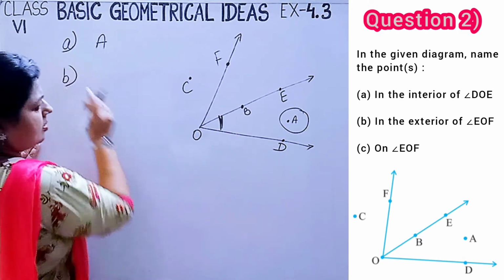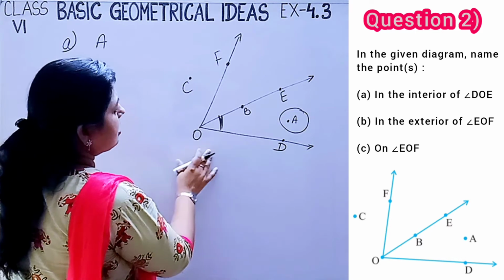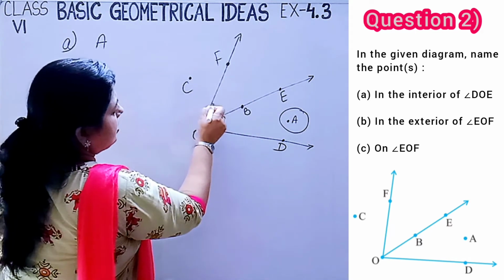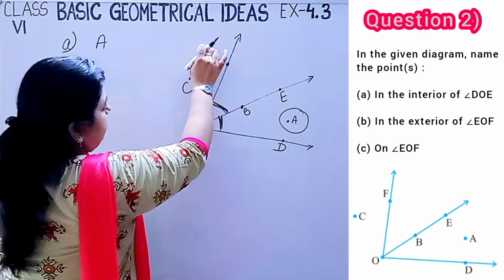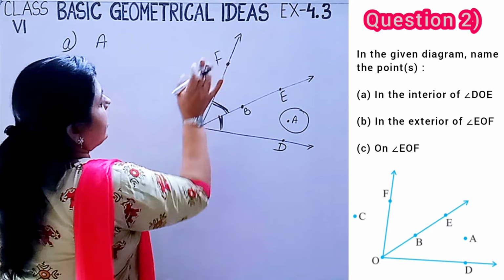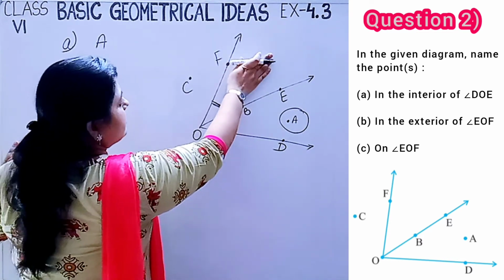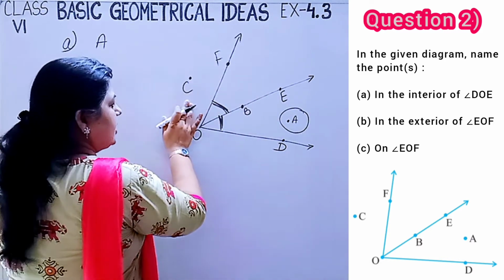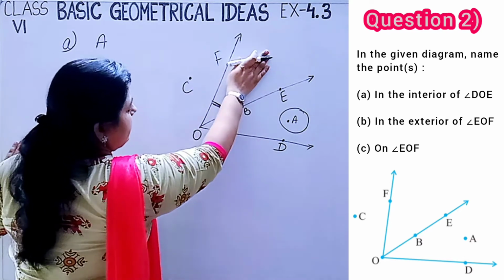B. In the exterior of angle EOF. Now coming to EOF. So we are talking about this angle, this one. So EOF, we have to find out exterior of this. So we are talking about exterior means outside. We have to find out the points which are lying on exterior of this angle.